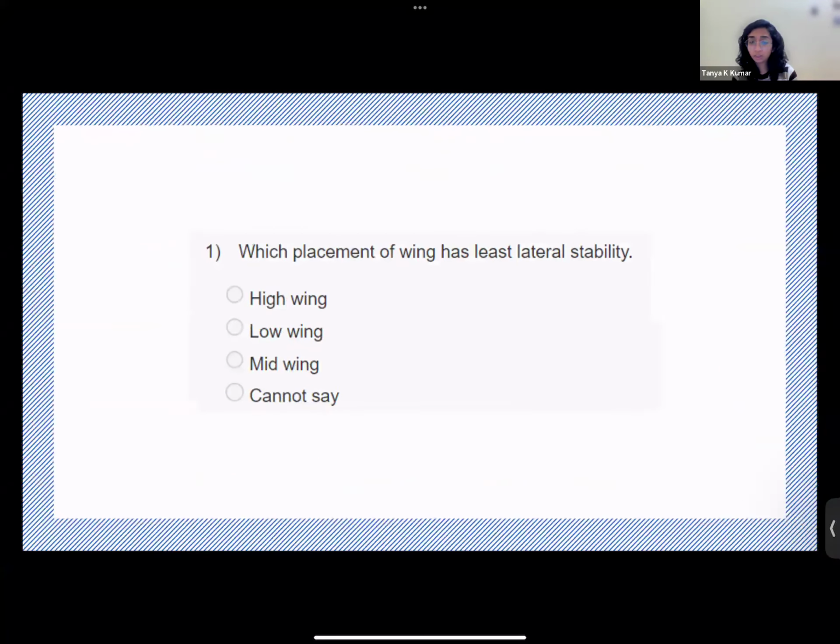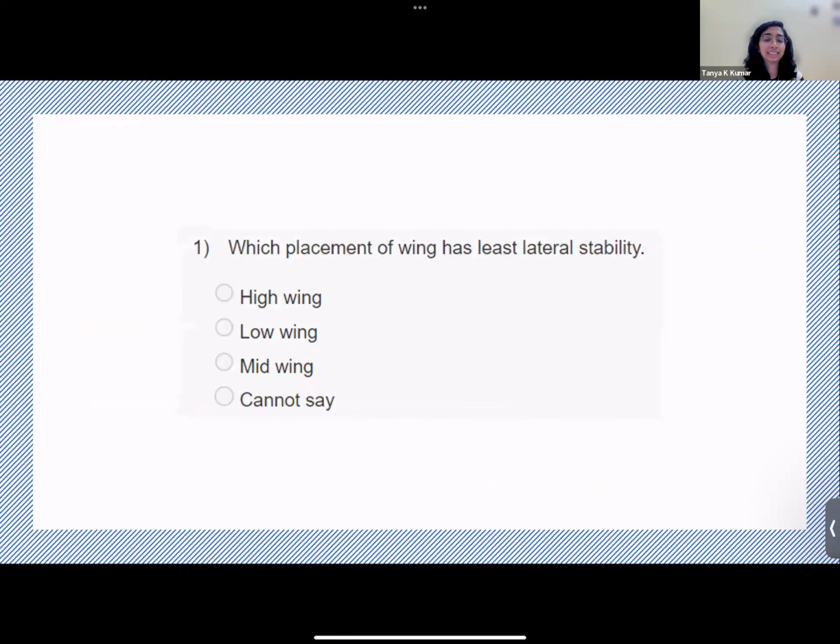Okay. Which placement of wing has least lateral stability? Stability control was a prerequisite to this course, I hope you've done it. So which placement of wing has least lateral stability? High wing, low wing, mid wing, or you cannot say?